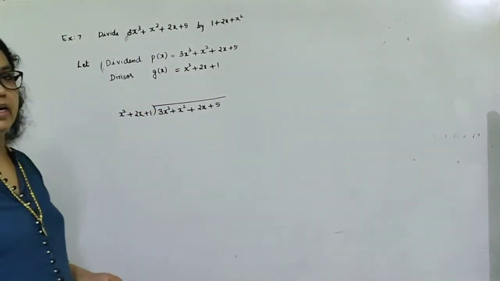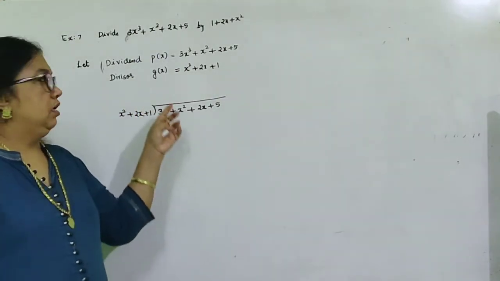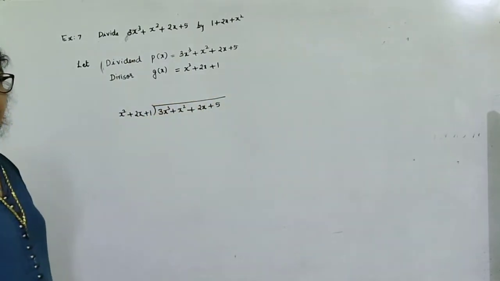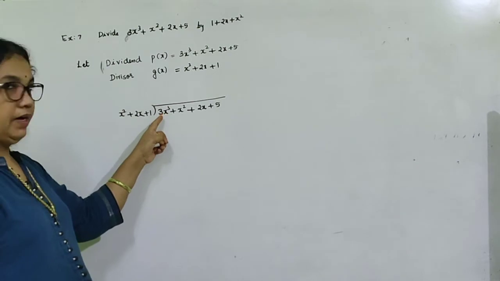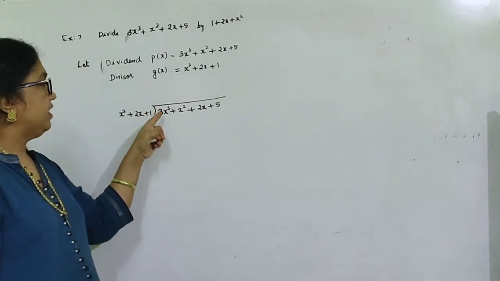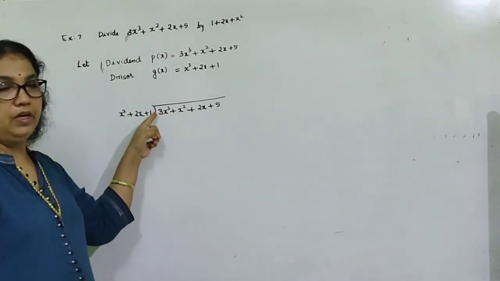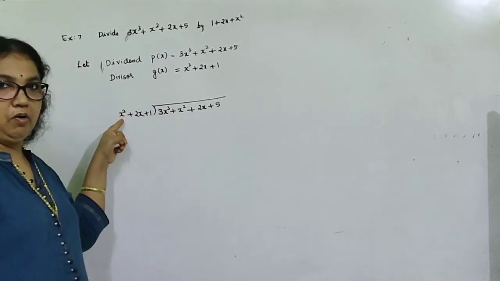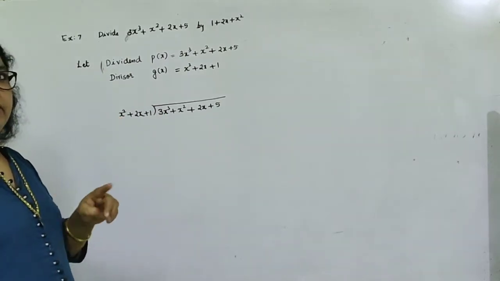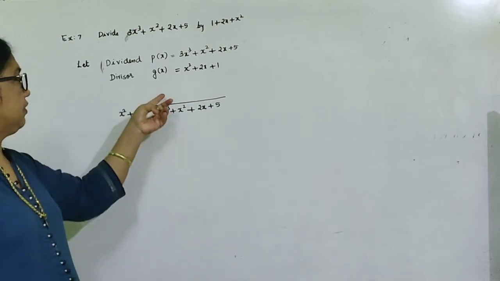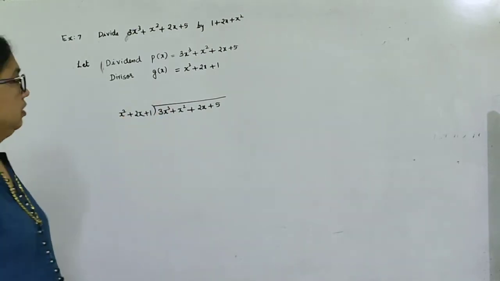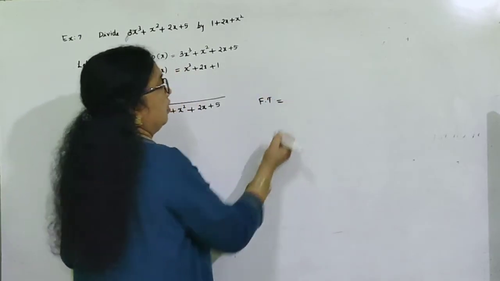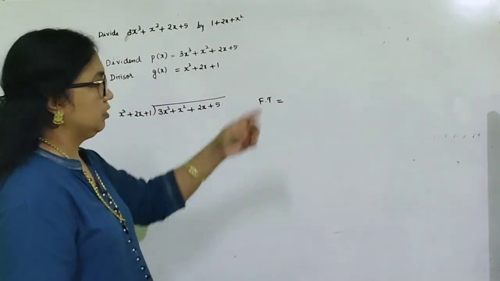You have already learned how to get the terms of the quotient. First step: divide the highest degree term of the dividend by the highest degree term of the divisor. That value is the first term of the quotient. I am also showing here how it is obtained.